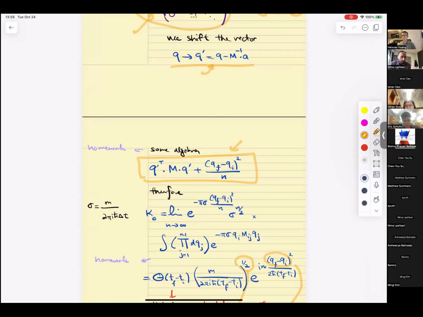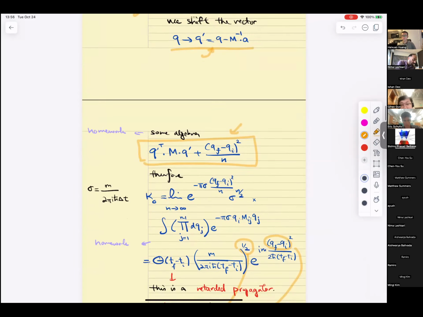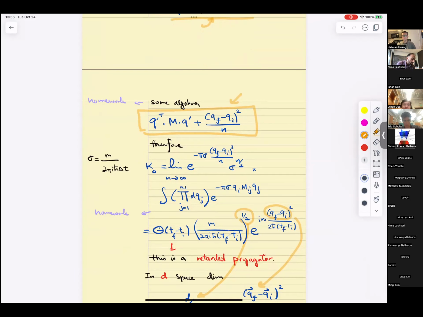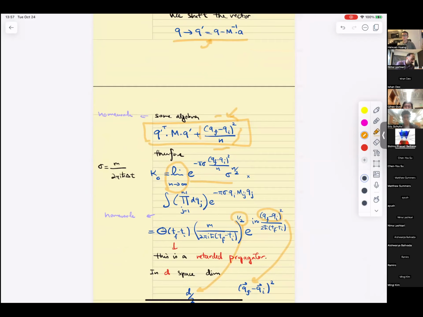Now it's just a Gaussian integral we can do. It basically becomes the following Gaussian integral. You have to take the limit of n going to infinity of e to the power of minus, so that you take this factor out. I've introduced a parameter sigma for convenience.